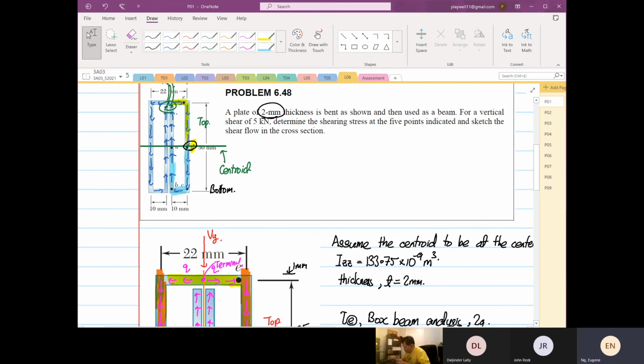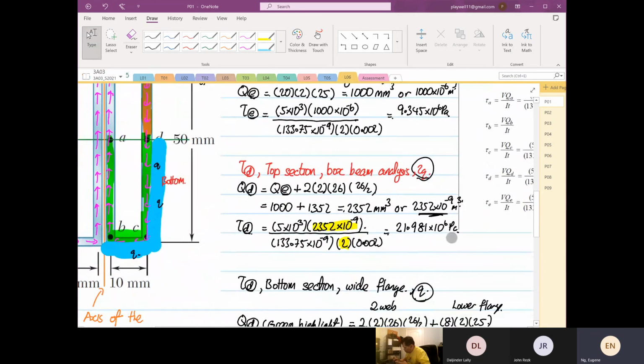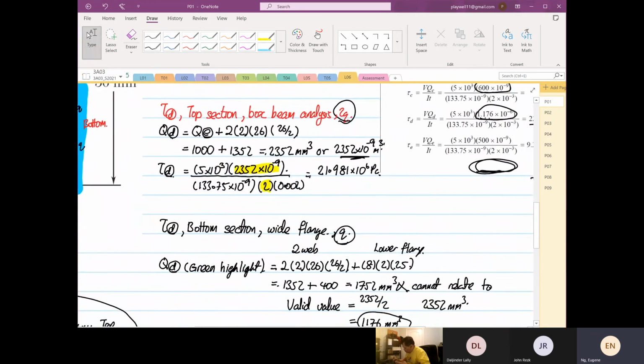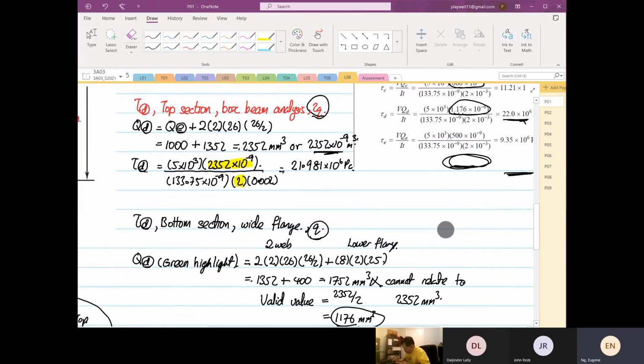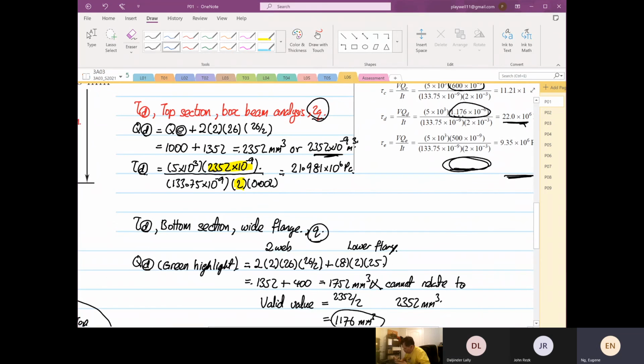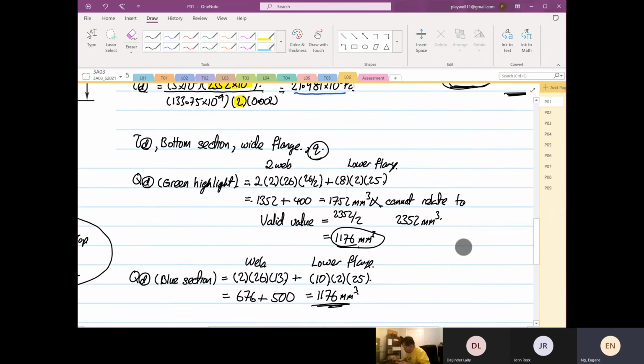When we look at point D, we consider this section from the top, and we got a particular, unique value: 21.981.